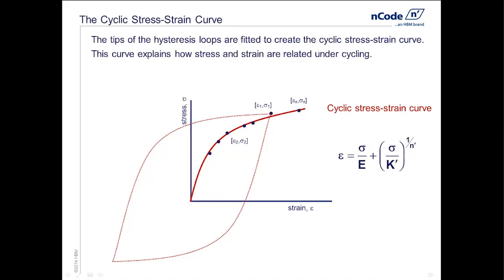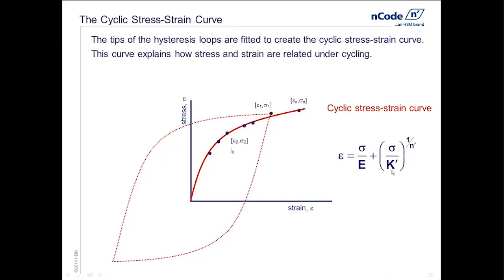And what we're going to do is regress a curve through that. The stress-strain behavior that we use for fatigue is written as a Ramberg-Osgood equation, which is nothing more than saying that the strain is an elastic part and a plastic part. And this plastic piece right here is nothing more than a straight line in log-log space of plastic strain and stress.